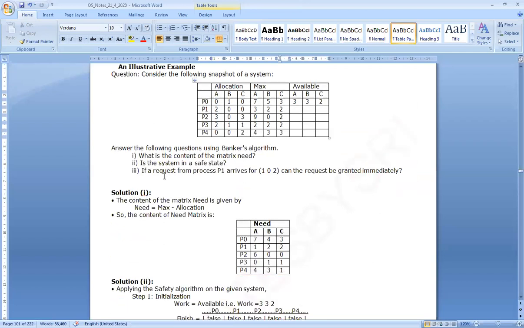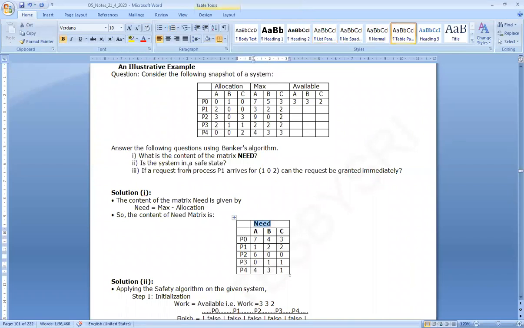Now we'll go for the next part of our problem. Answer the following questions using the Banker's algorithm. What is the content of the matrix need? This is our need matrix.